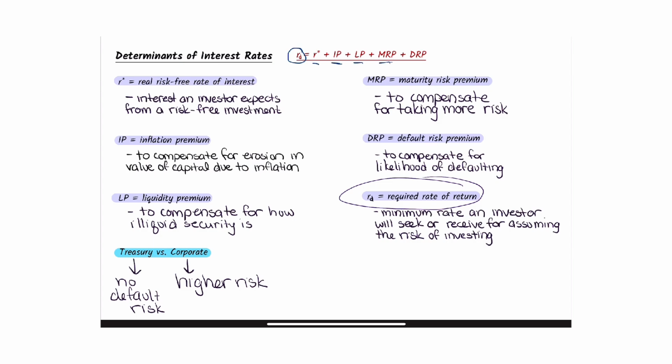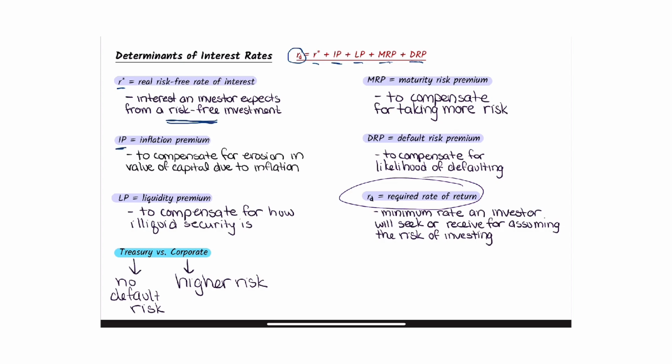Our yield to maturity depends on the amount of risk and a number of other factors. So we have r star, which is the real risk-free rate of interest, and that's the interest that an investor expects from a risk-free investment. So if the investment has zero risk, that is what the investor would need to start off to invest in whatever it is.